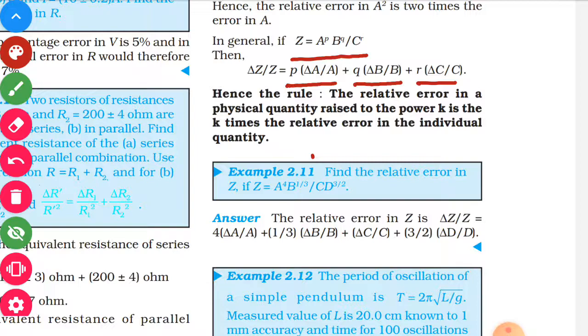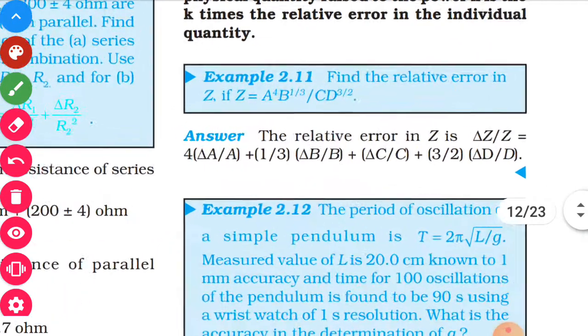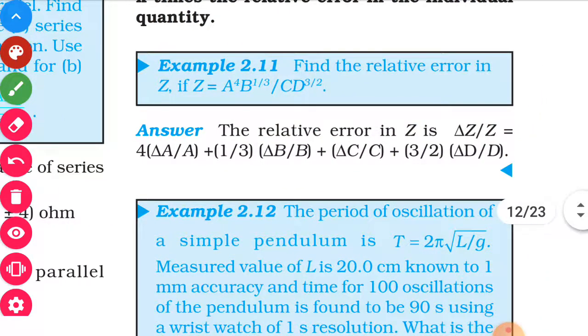Now there is one numerical given here, and you can easily calculate this. See, the equation is given: z is equal to a raised to 4, b raised to 1 by 3, upon c into d raised to 3 by 2.